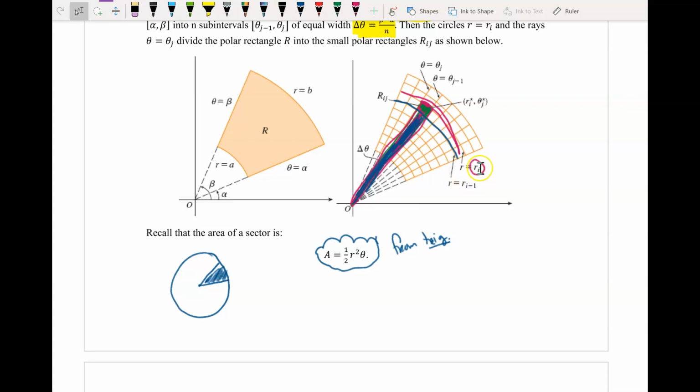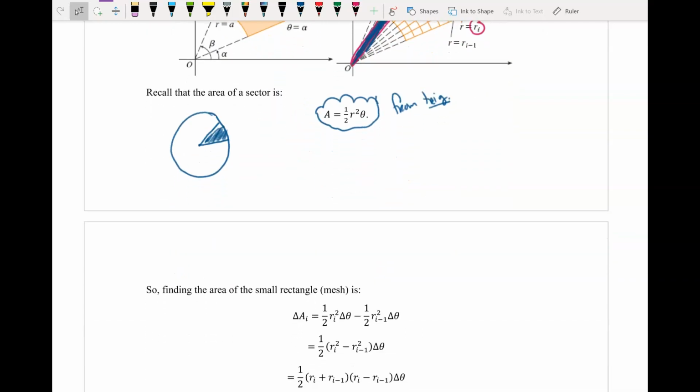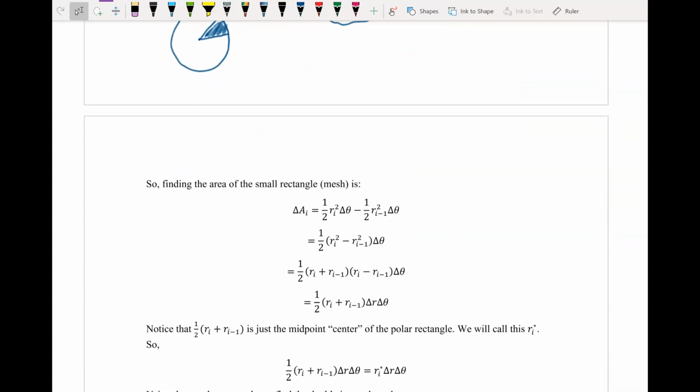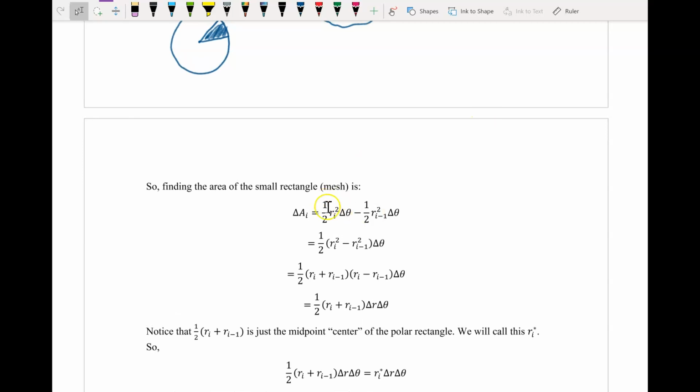So all I got to do is plug in r_i in here and subtract r_i minus 1, which is kind of what I did here. So the change in the area would be 1/2, the outer one minus the inner one. So you can think of outer minus inner. One of the things that you can notice is that you have a delta theta, right? Because delta theta here is going to be the change in the theta value.